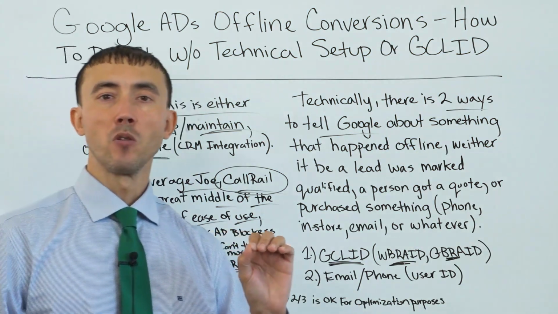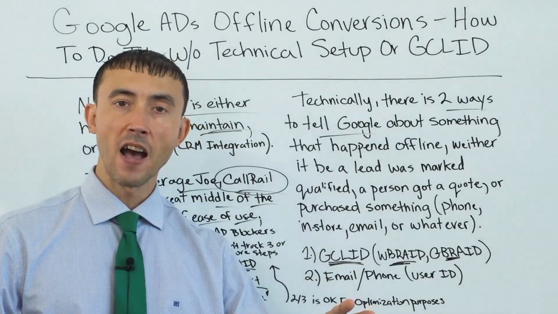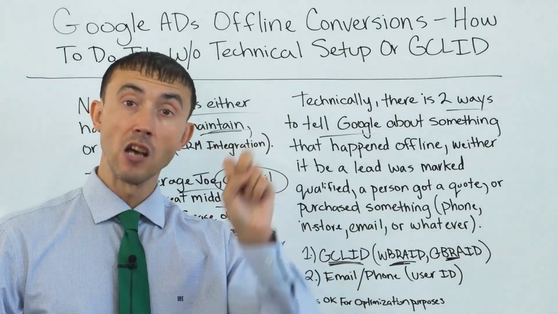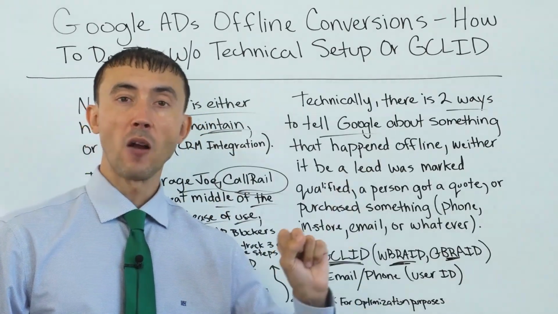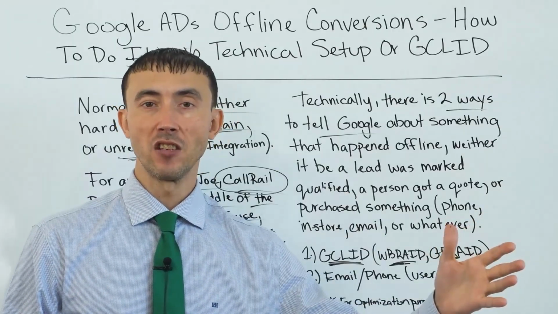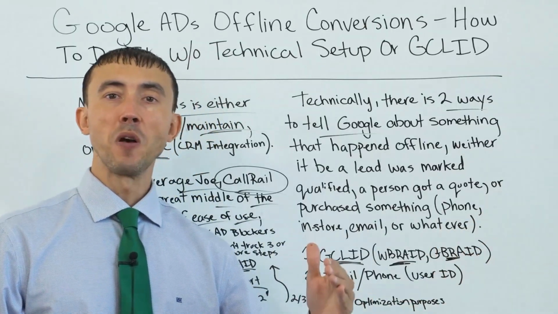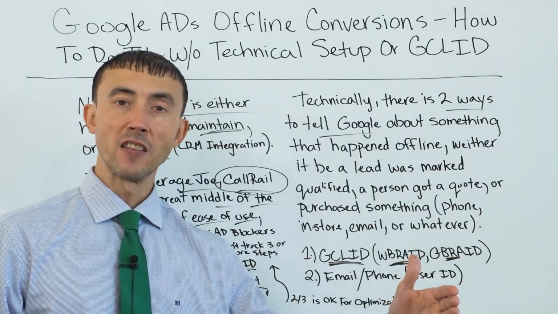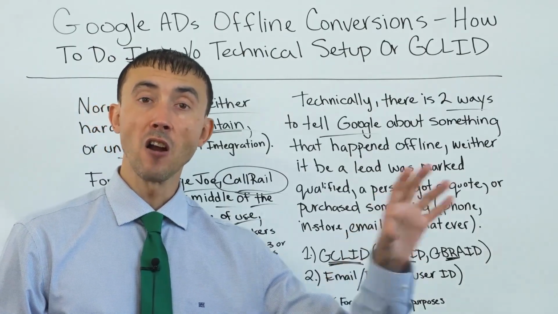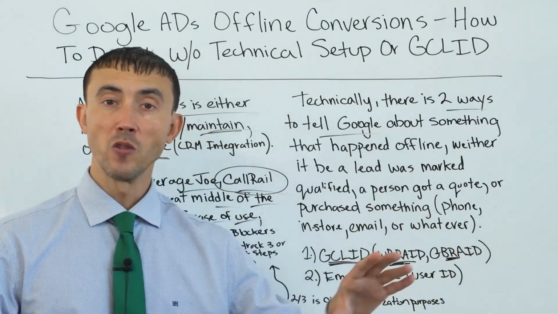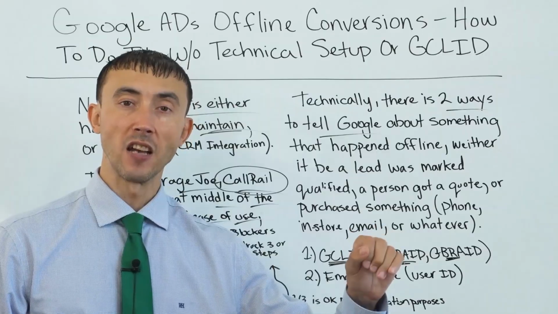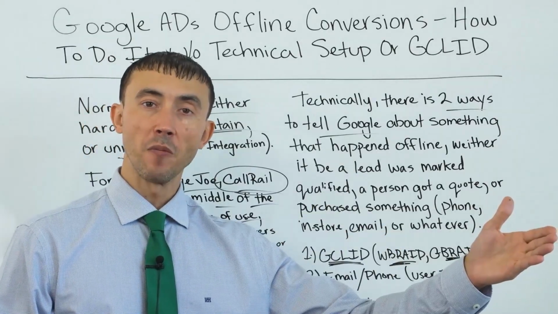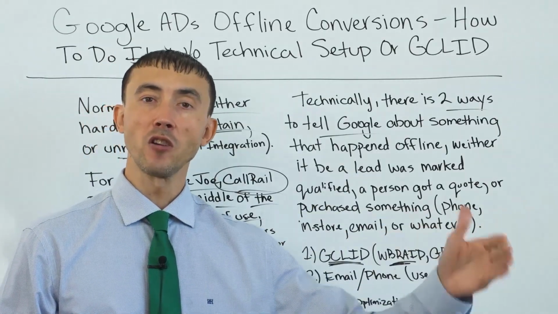A lot of times you'll want to track whether a lead's qualified or not as one stage in the sales process, and then track whether they bought or not as a second stage, so that you can build up data about qualified leads that are coming in, like I mentioned before. Start optimizing for that first, once you've got 30 to 100 of those conversions racked up. And then when you have enough sales tracked in the ad account, you'll switch all your campaigns to optimize for that.